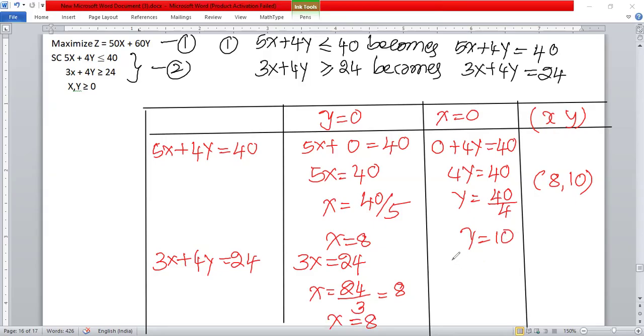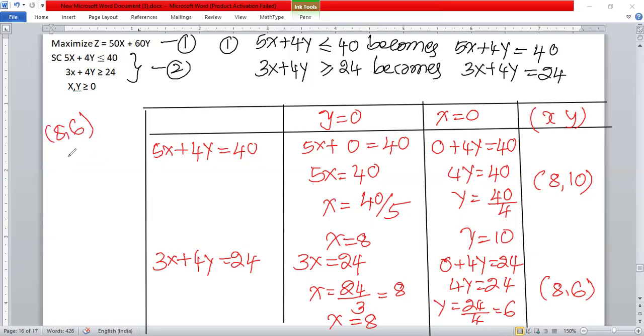Similarly, x equal to 0. 0 plus 4y is equal to 24. 4y is equal to 24. Therefore, y is equal to 24 by 4. What is the answer? 6. So that is 8 comma 6. So 8 comma 6 and 8 comma 10.